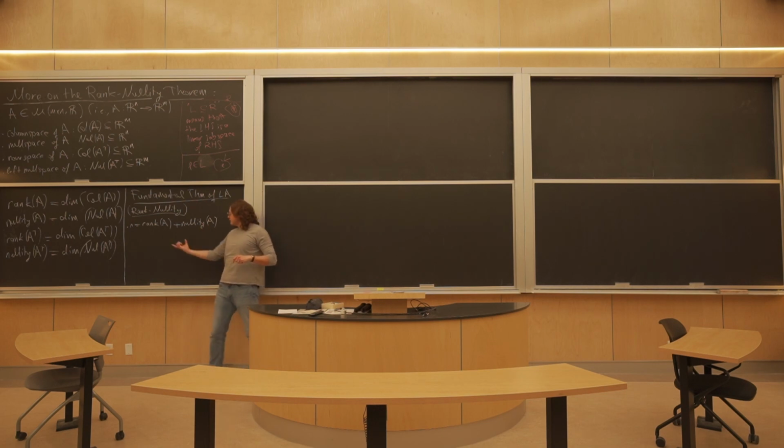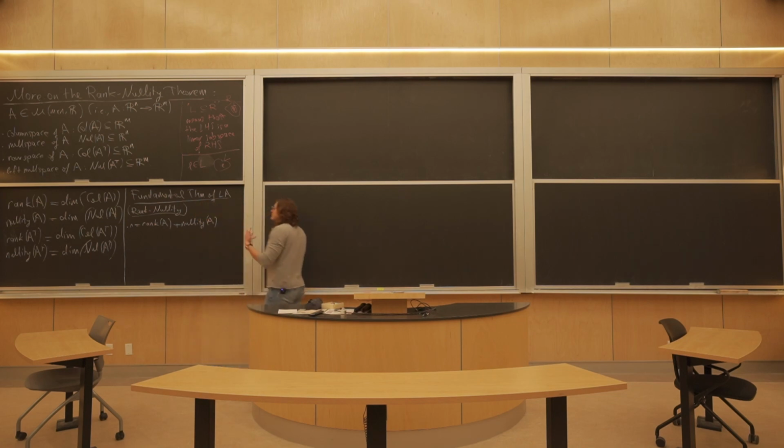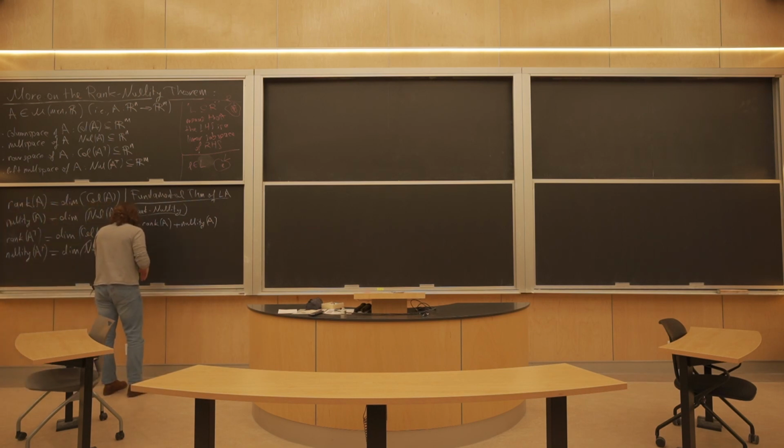It's in the null space, and whatever is left is the rank. So it's a dimension of the vectors that survive. But I can do the same thing with A transpose, which would give me m equals rank of A transpose plus nullity of A transpose.